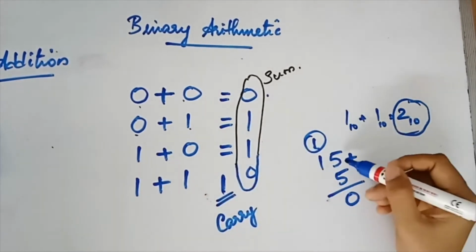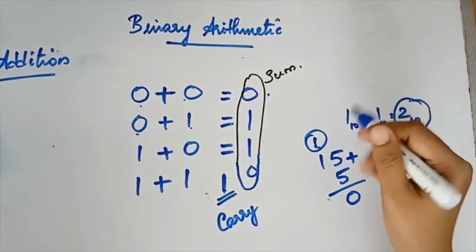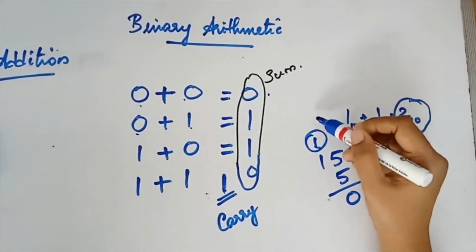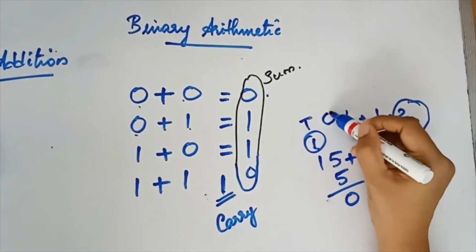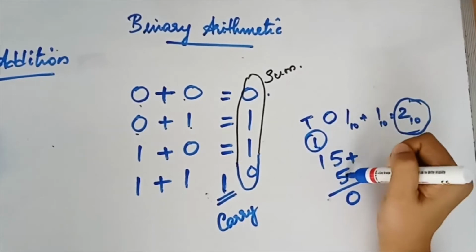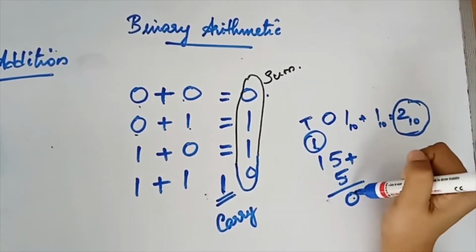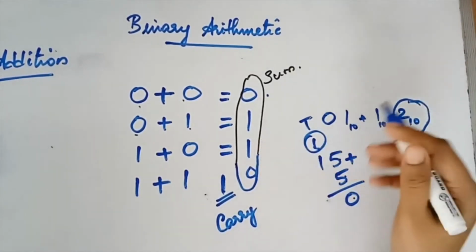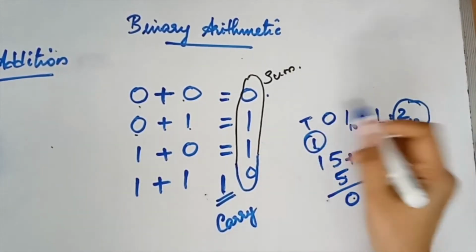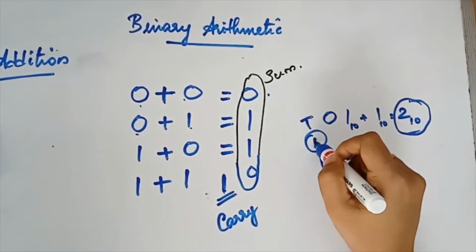Here, 5 plus 5. You must have studied in school, this is the tens place, this is the ones place. In the ones place, 5 plus 5 is 10. So you can't write 1 and 0 in the ones place; you have to carry the tens place number over to the tens place.